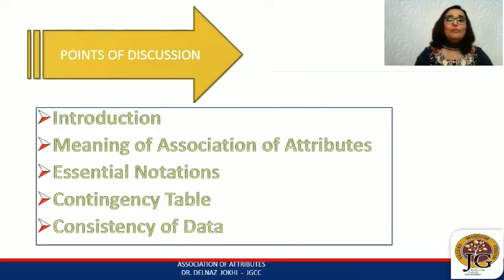Then a very important table, which is very useful to do your sums, known as the contingency table, will be explained and taught. After that, a very important short note from the viewpoint of your Gujarat University exam, consistency of data, will be discussed with you.